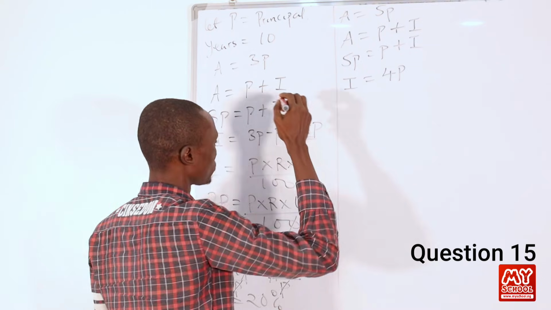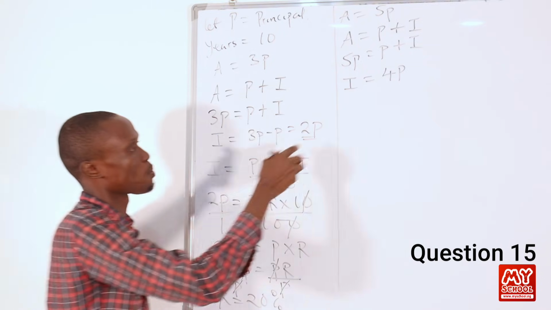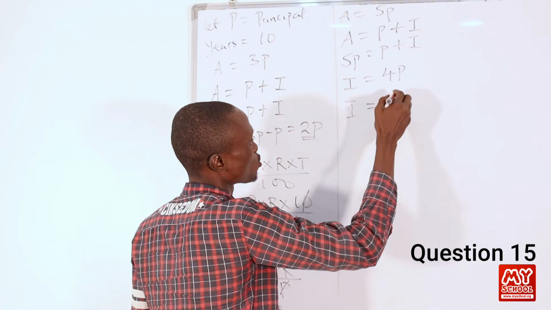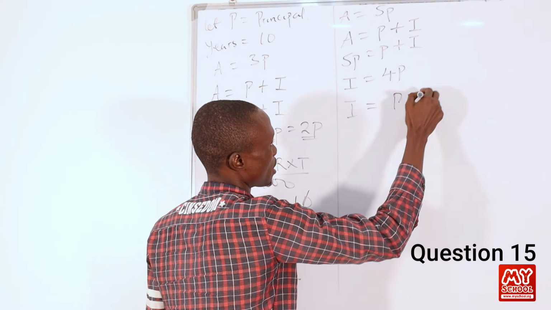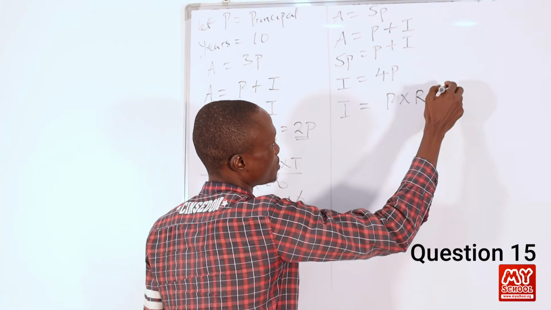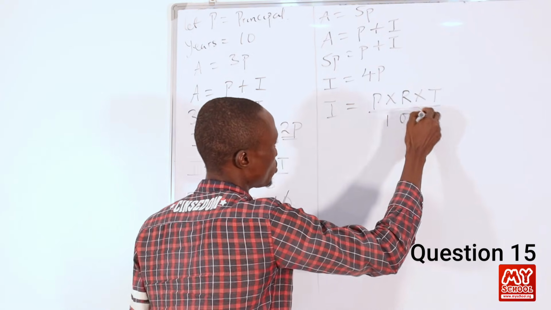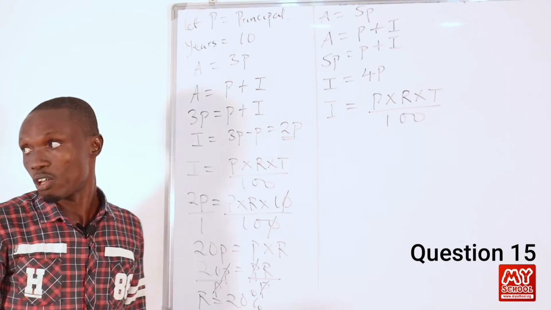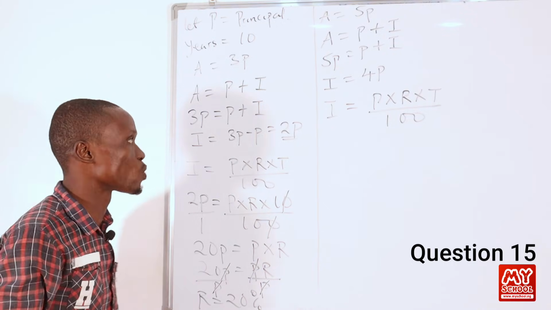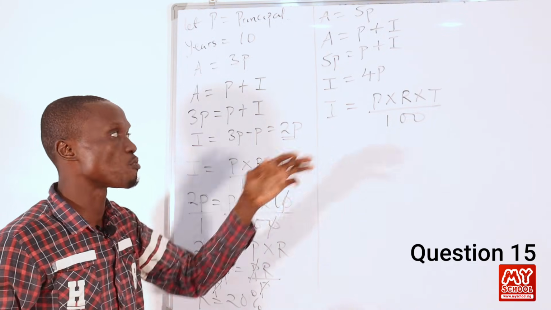Still using our simple interest formula, I is equal to principal times rate times time all over 100. From the question, we're looking for the number of years.